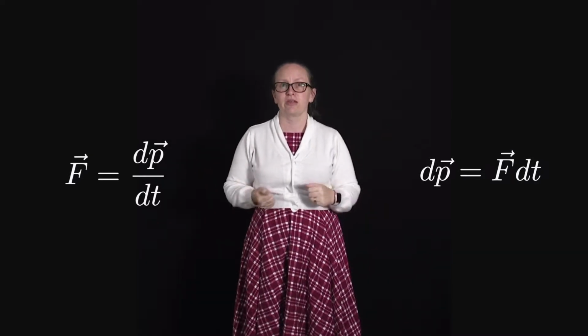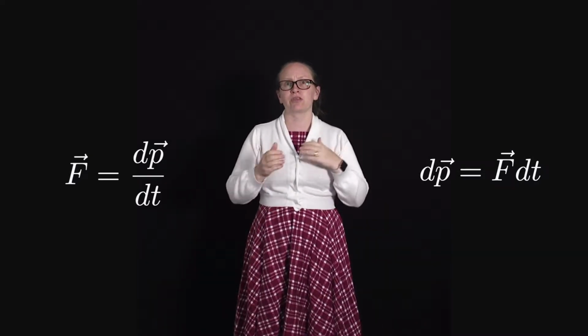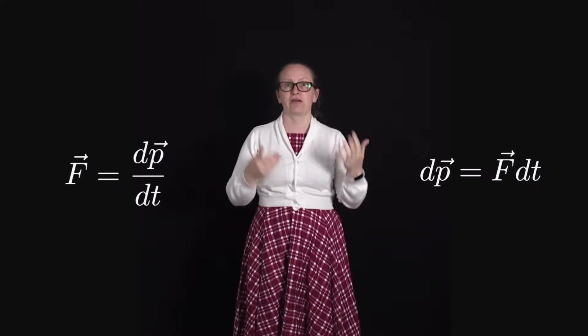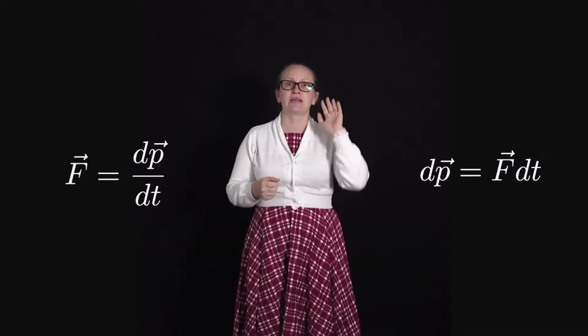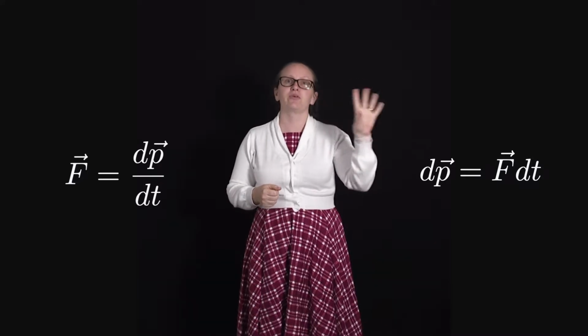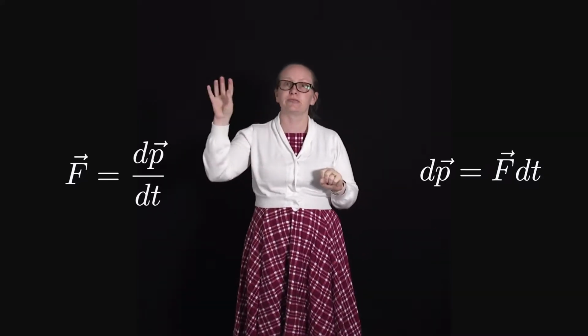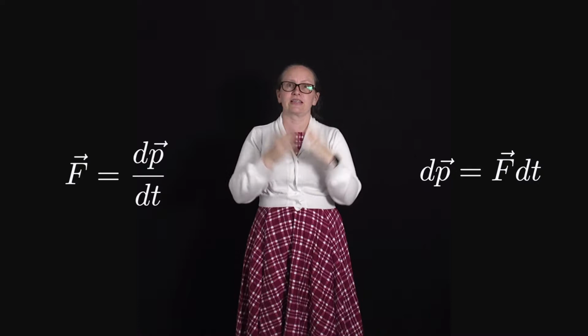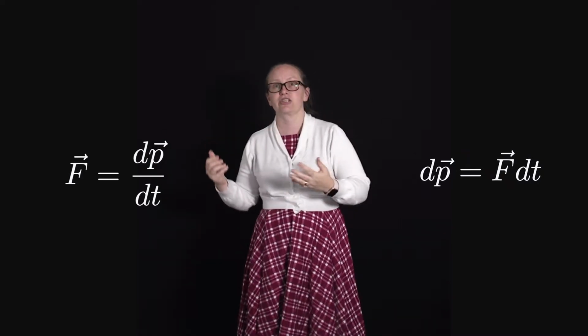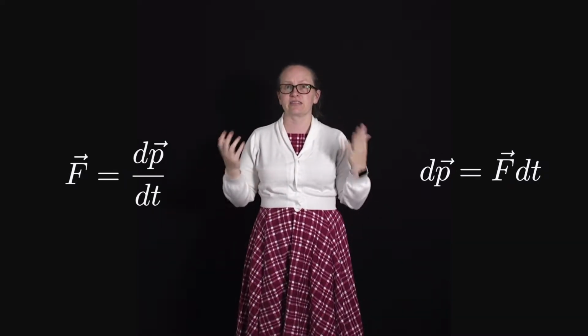So now if we want to work out what the change in momentum is over a longer time period, remember dp stands for a really small change in momentum and dt stands for a really small change in time. Well, if we want to consider larger changes in momentum and larger changes in time, we're going to need to integrate this expression.